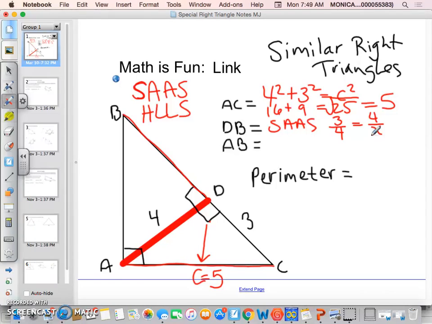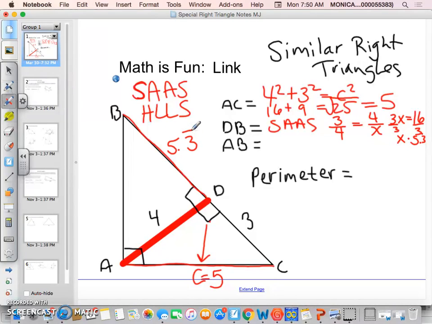And so what that gives me, if I cross multiply, is 3x equals 16. And then I just divide by 3. So x is going to be a decimal, which is okay. And I get the decimal of 5.333 repeating, which is 5.3 line over. So this side is 5.3 line over.